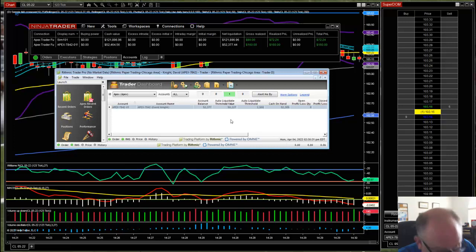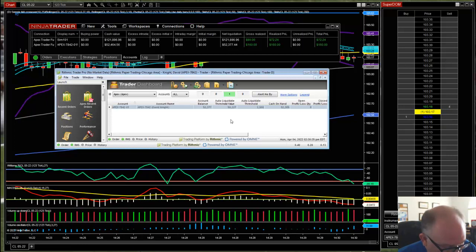Auto liquidate value 5227. Difference between those two looks about what, 500? 2,500? $2,500 difference.